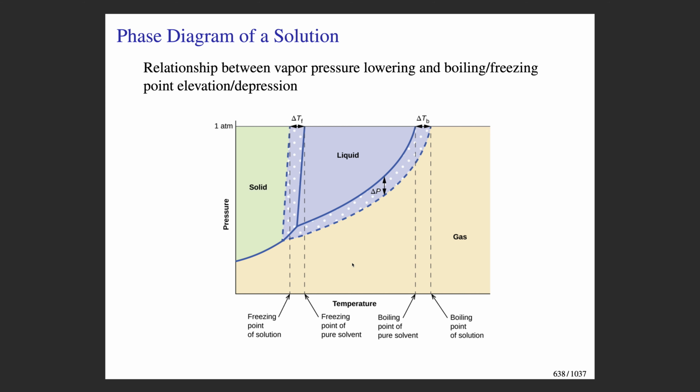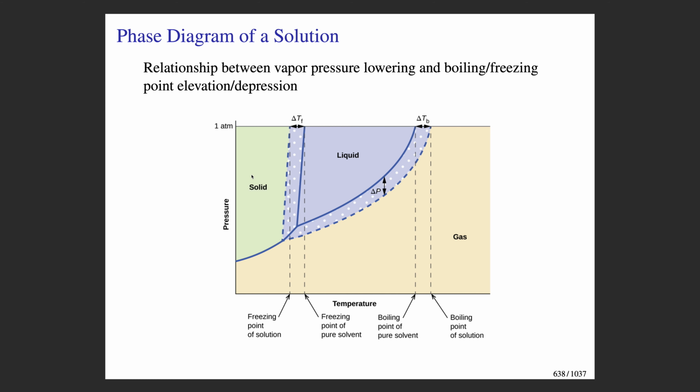So if you have a temperature that's this value and a pressure that's this value, the gas is the stable phase. If you go to higher pressures, the liquid phase is stable. If you go to low temperatures and high pressures, the solid is favored. Okay, so that's the phase diagram.